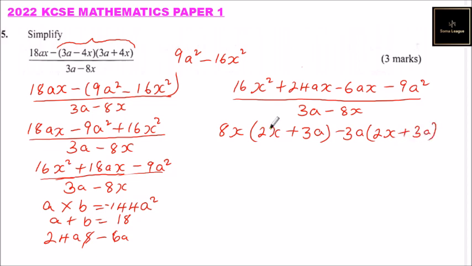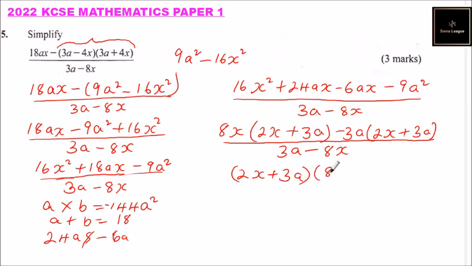Then we divide by 3a minus 8x. Once you do that, you can combine: 2x plus 3a, and the other factor will be 8x minus 3a.